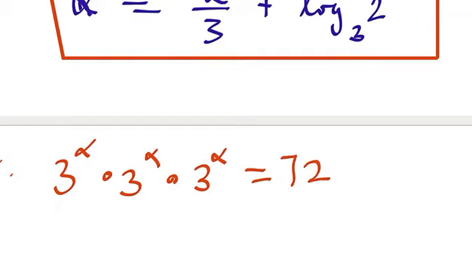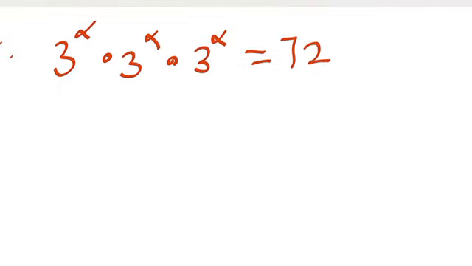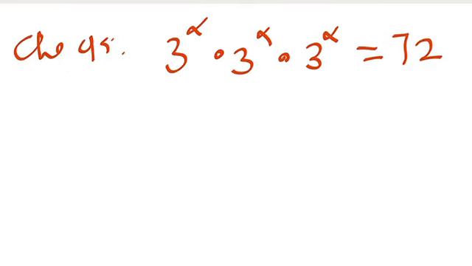So this 3 alpha can also be 3 to the power of 3 alpha according to what we did in the workings above. Whenever we see alpha, we're going to replace it by this.